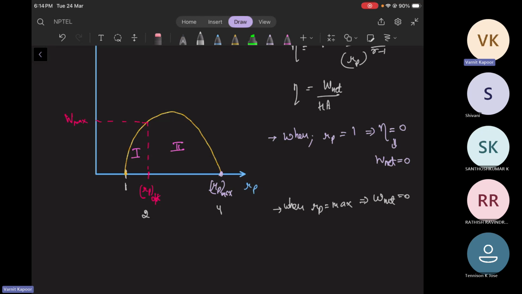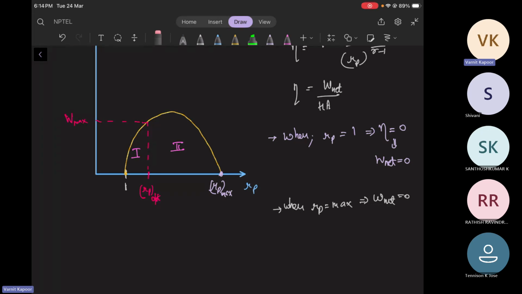If I take RP optimum as 3, then maximum will be 9. So from 1 to 3, the difference is 2, and from 3 to 9, the difference is 6. So the shift is larger, and if the shift is larger, the area covered by the second region will also be larger. It won't be in the middle at any time.